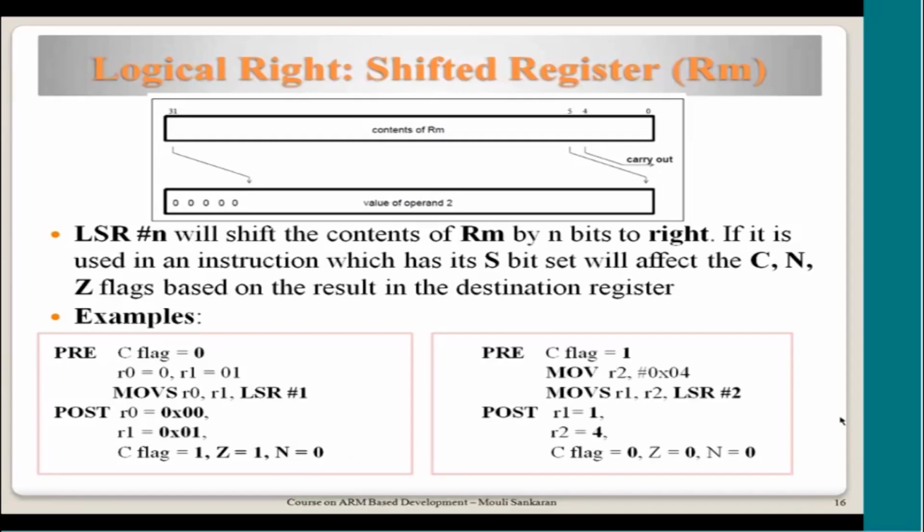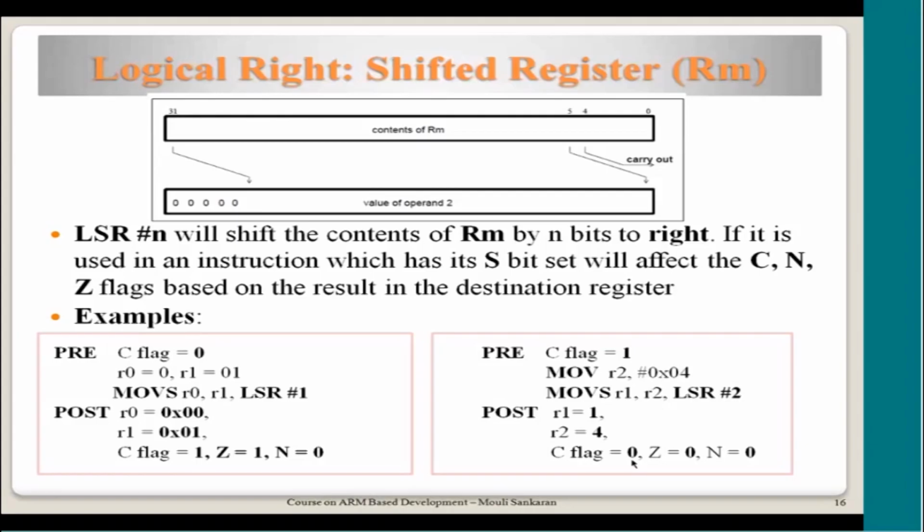Now let us see one more example. You have R2, which is the only operand to the barrel shifter, which happens to be 4. That means 0x4. Please remember, that means 1 0 0. Now when it is shifted to the right, 1 0 0 will become just 1. So that shifted value which is moved into R1 happens to be 1, and R2 remains the same.